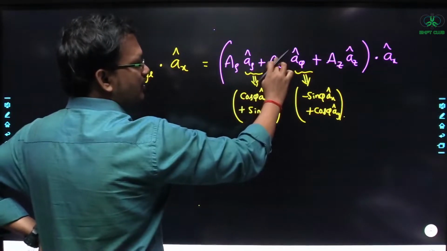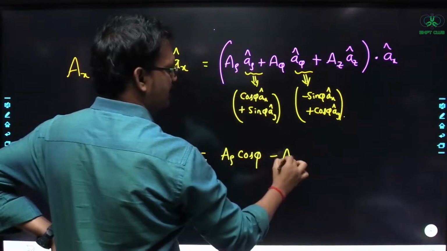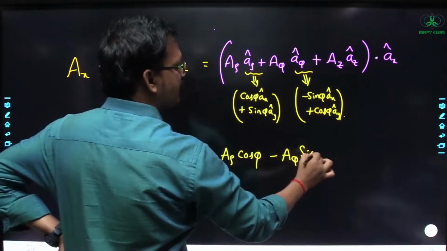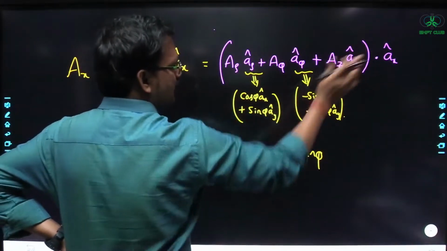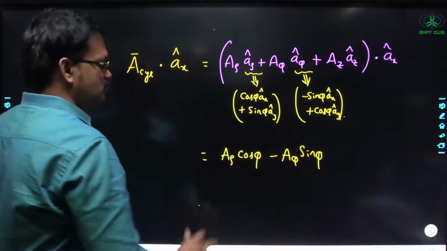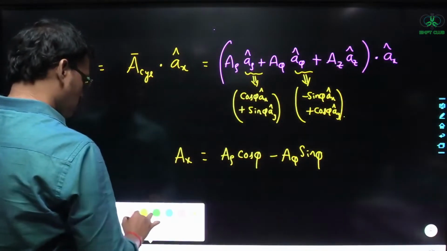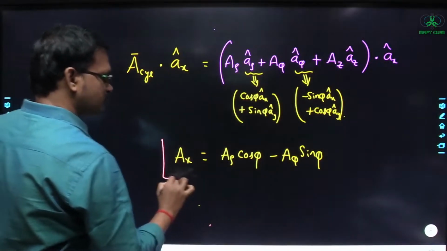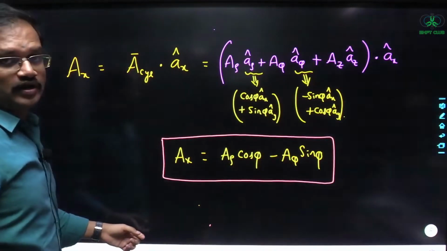Next, a phi into minus sin phi, so you are having minus a phi into sin phi. Ax cap dot ax cap will become 1, ay cap dot ax cap will become 0, az cap dot ax cap will become 0. So ax we got as a rho cos phi minus a phi sin phi. This is the ax value.